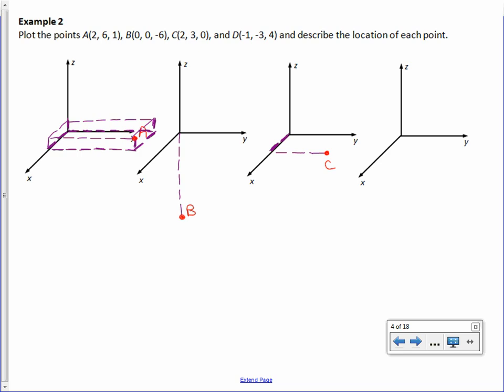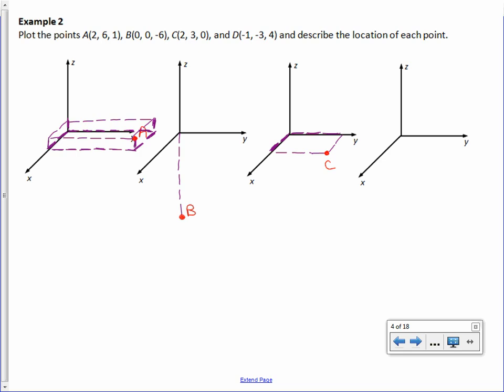So there's C. 0 in the y, 0 in the z direction. So you can finish off the picture here, but it won't be a box. What would be finishing off the picture here? Technically a rectangle, a perspective rectangle that's going to look like a parallelogram, right? So if I go 2 units back and 3 units across, okay?